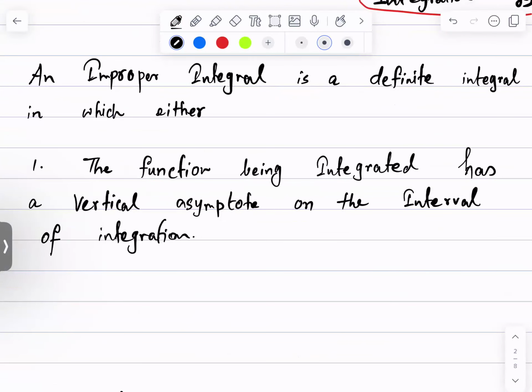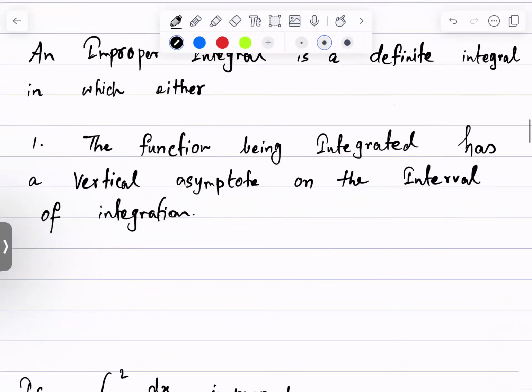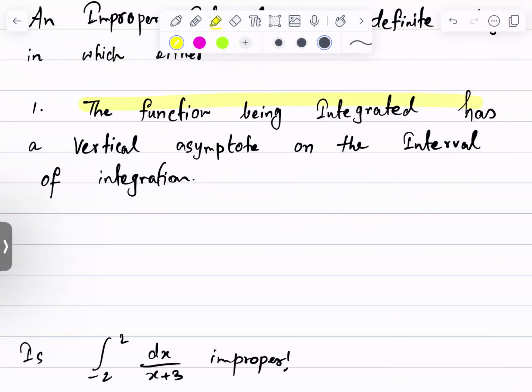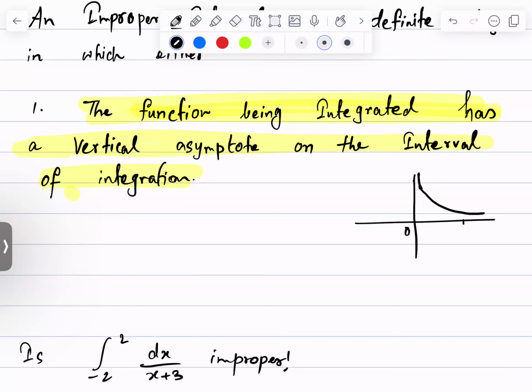So the improper integration is a definite integration most of the time, in which the function being integrated has a vertical asymptote on the interval of integration. So if I try to draw a picture, say I have a function like this. This is 0, so this is 2.